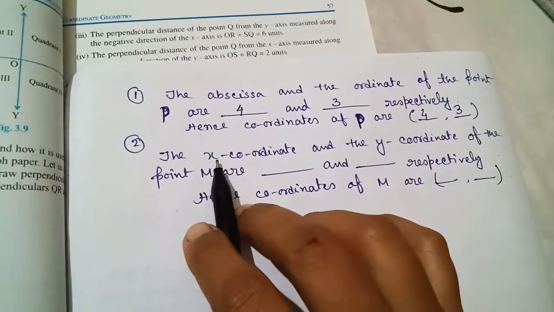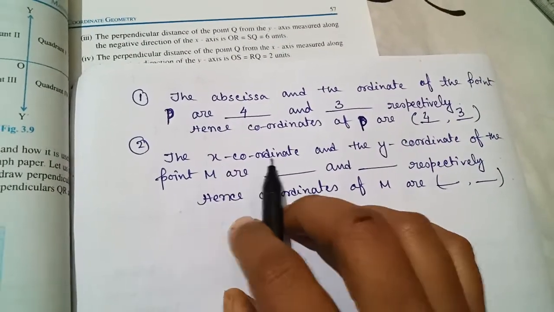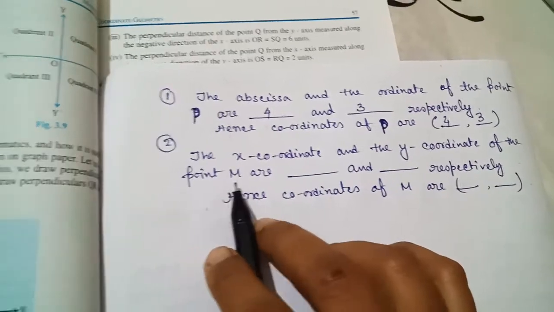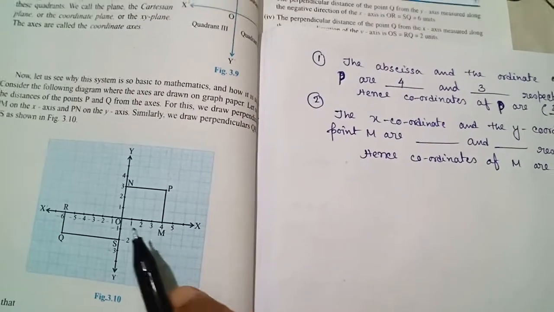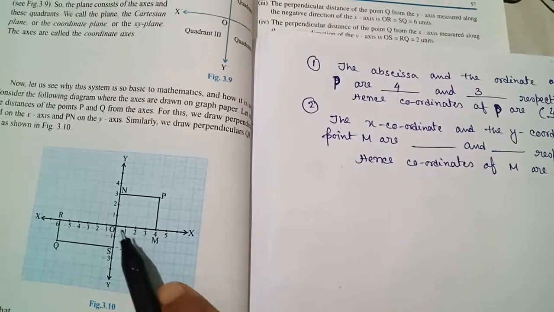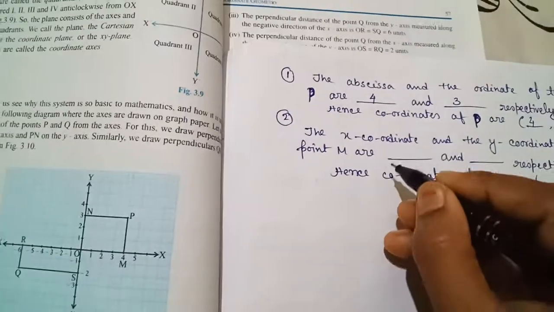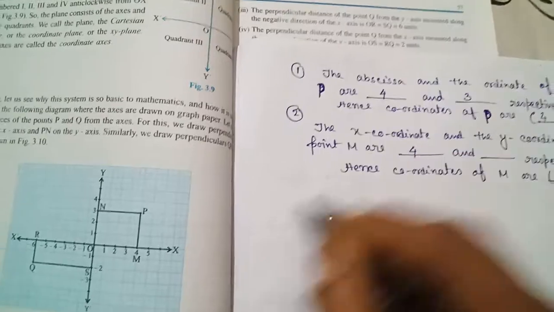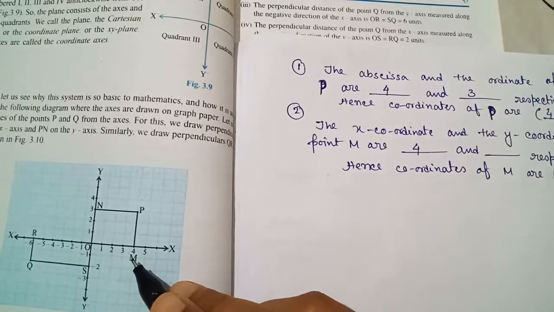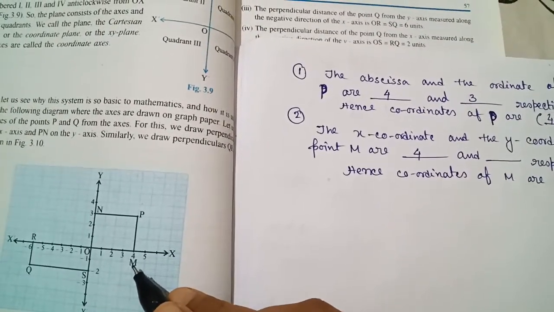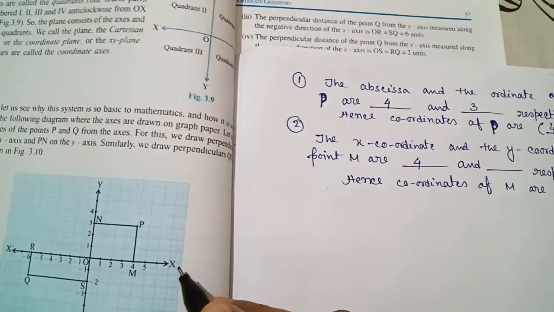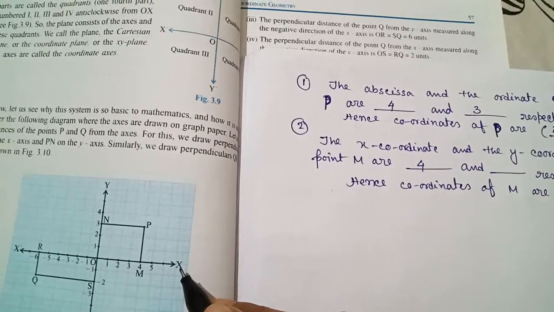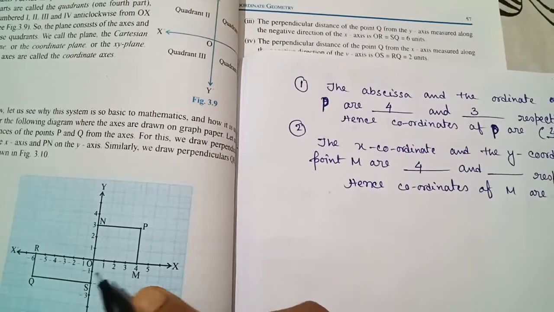Then coming to the x coordinate and y coordinate of the point M. What is the x coordinate? What I told, the horizontal distance. It's 4. Simple. Now you tell me what is the distance of the point M from the x-axis. Is there any distance?